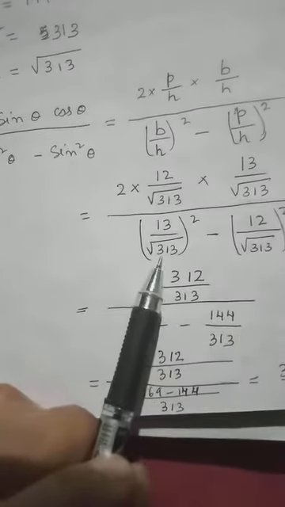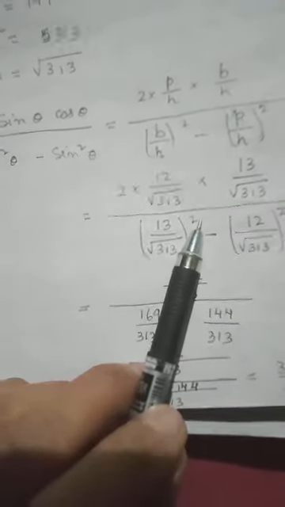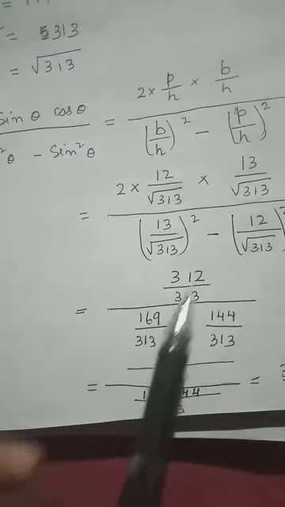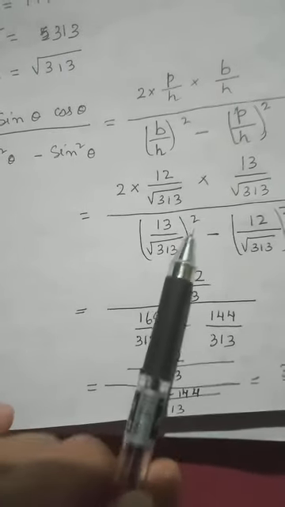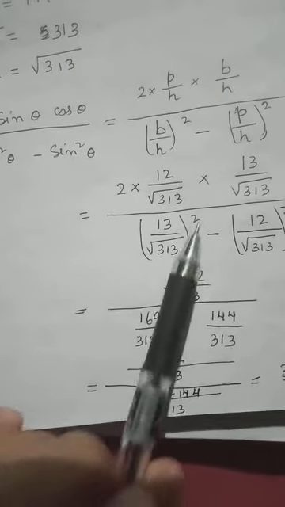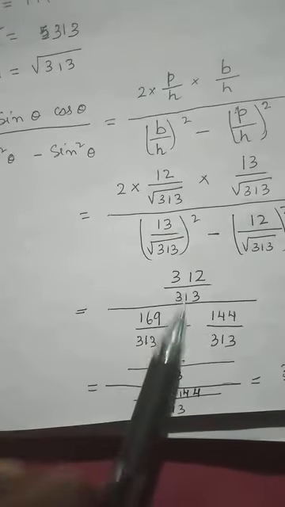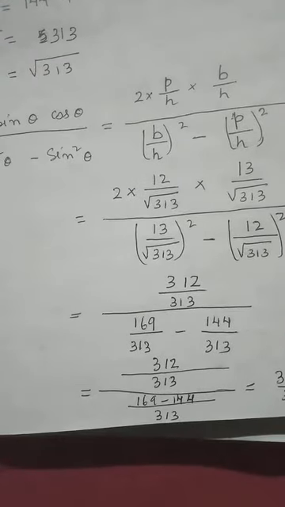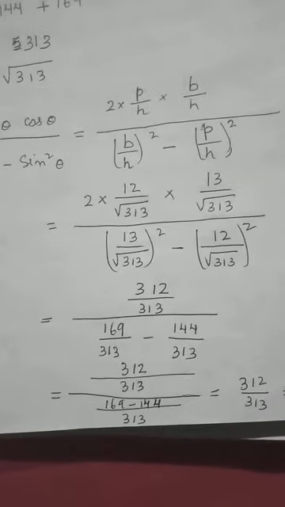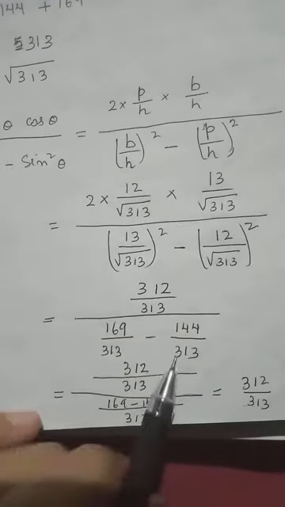Then in the denominator, let's remove the square first. 13 into 13, we know 169. Square root of 313, so square and square root get cancelled. 313 remains. Then minus 12 into 12, we get 144. Then square root 313, square root and square get cancelled, 313.